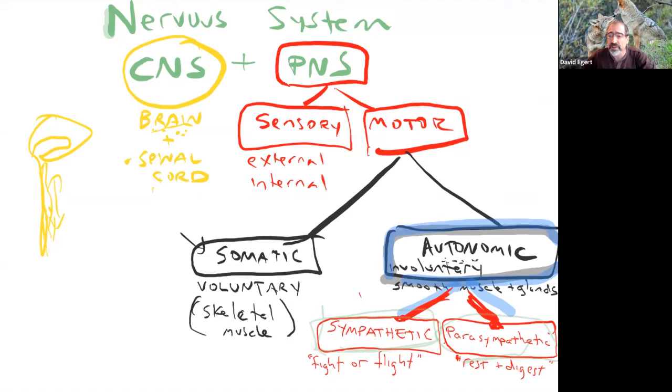So don't think of these as you're in one mode or you're in the other mode. They're both constantly pushing and pulling and keeping things in some kind of dynamic balance, depending on what your body's needs are at the moment. There's going to be a few things where they don't antagonize each other, and we'll talk about that when we do the autonomic nervous system in more detail in a few weeks.